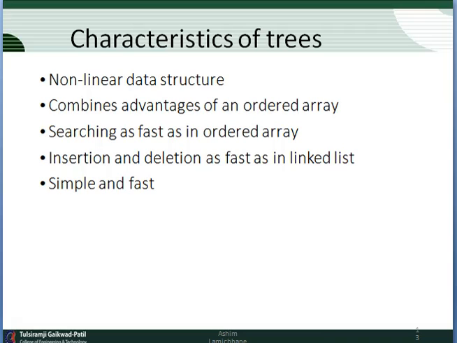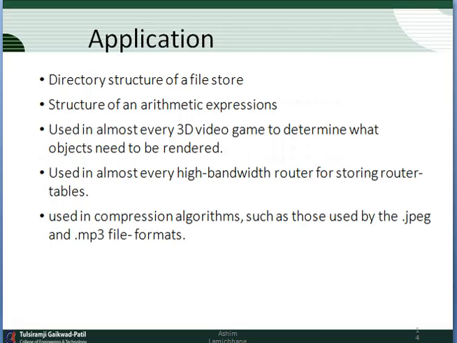There are many more uses of trees, or we can say applications. Directory structure of a file store, structure of an arithmetic expression, parse trees for human languages, and search trees that can store data in a way that makes an efficient search algorithm possible via tree traversals.